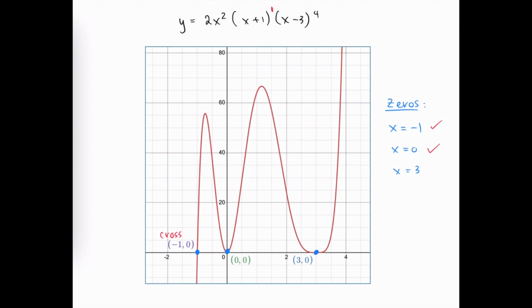The multiplicity of x is equal to 0 was 2, because the power on that factor was 2. Notice that we are touching the x-axis and not crossing it there. And the zero 3 had a multiplicity of 4 because the power on that factor is 4. That's an even number, and again, we see that the graph is touching the x-axis there, but not crossing.